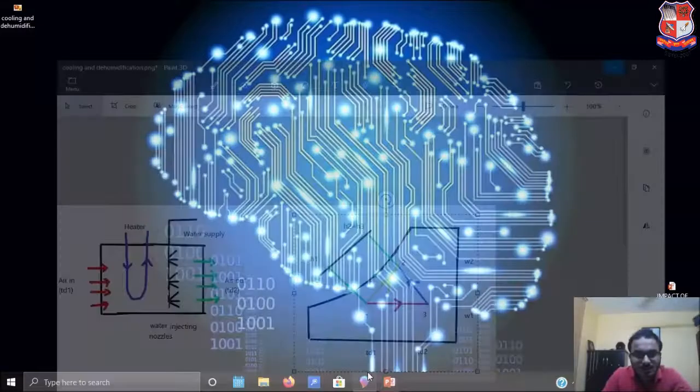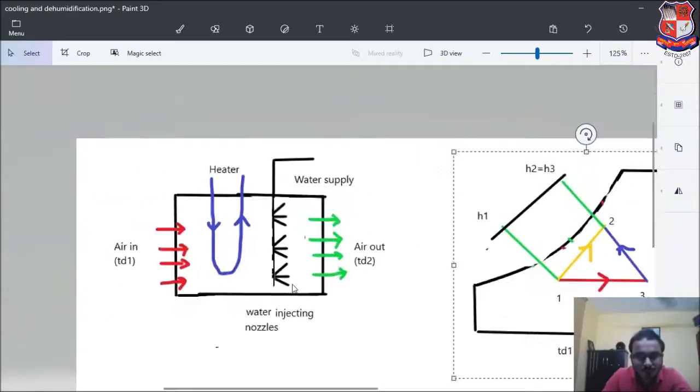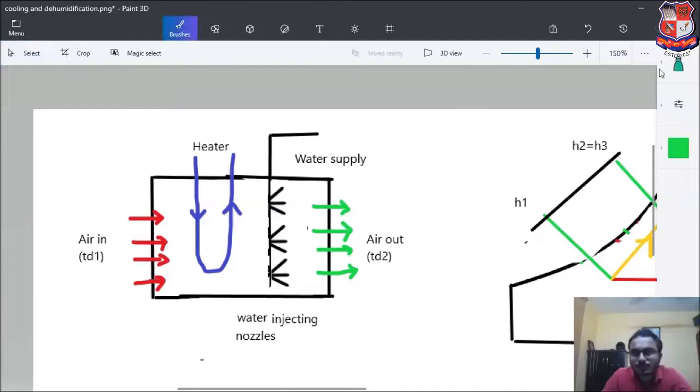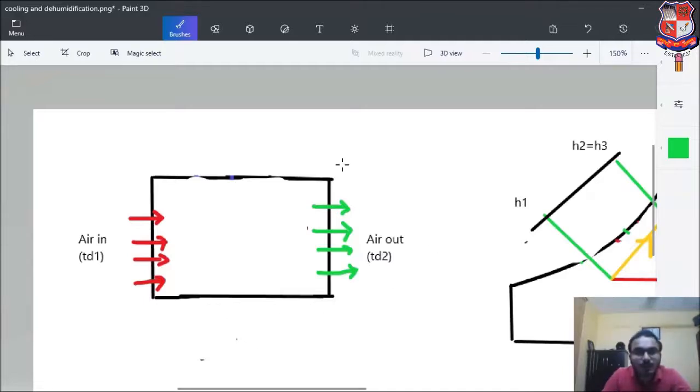We will draw the arrangement for this. So we will have a chemical here.